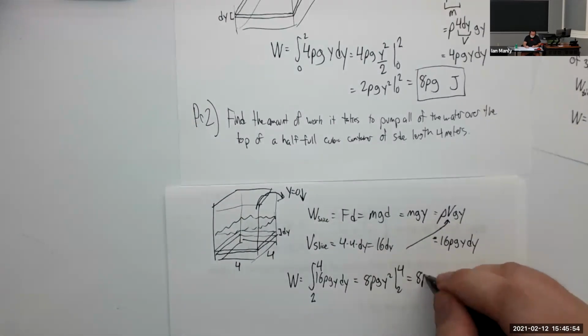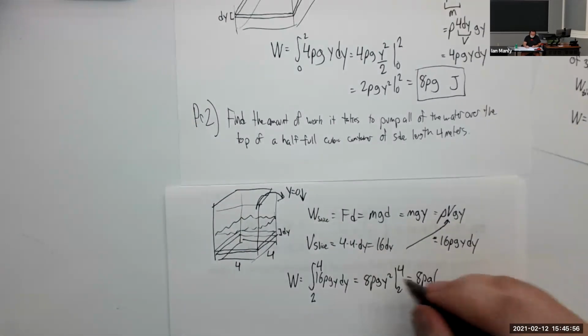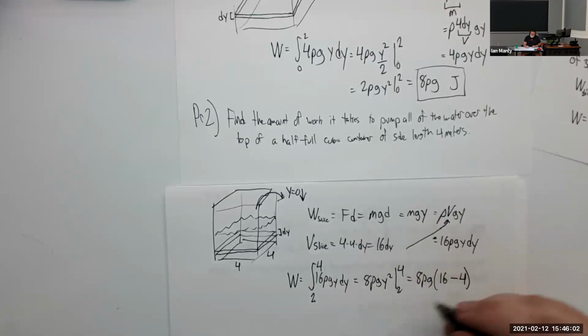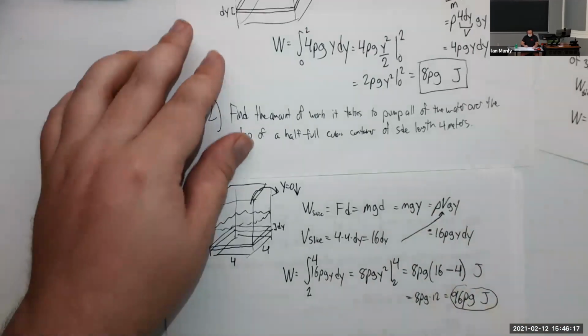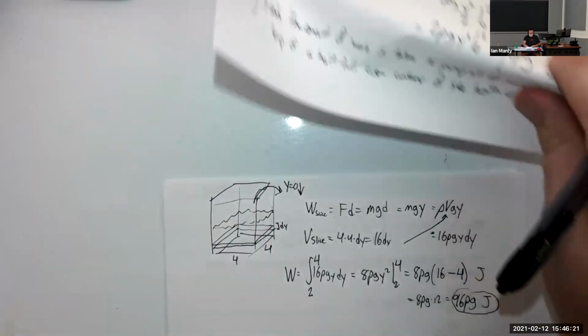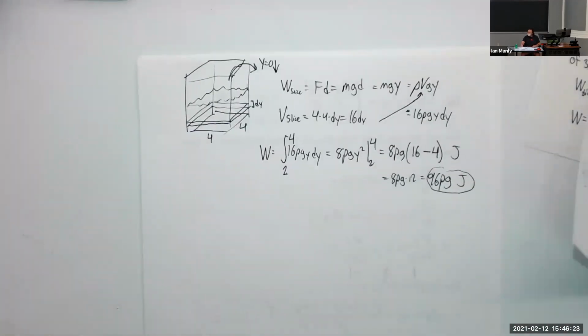So we have 8 rho g, and then 4 squared is 16, 2 squared is 4. So we have 8 rho g times 12, which is 96 rho g. So that's going to be our solution here. All right, so the moral of this story is be very careful what you put for your bounds. May not be what you think.